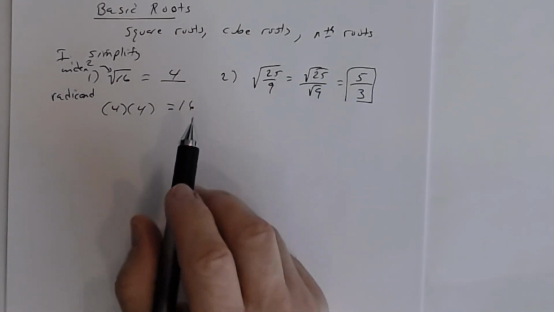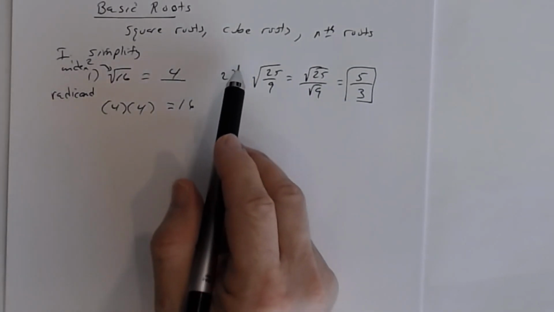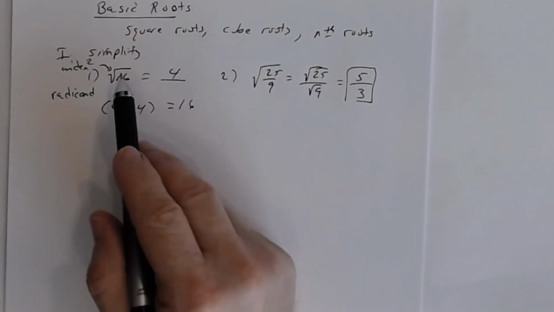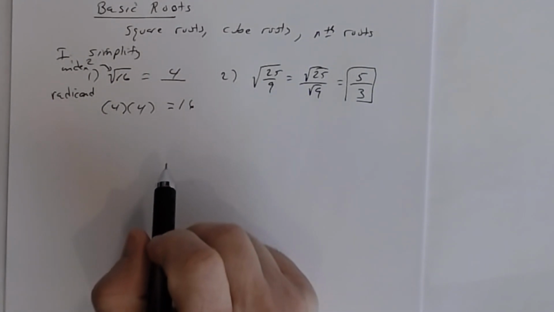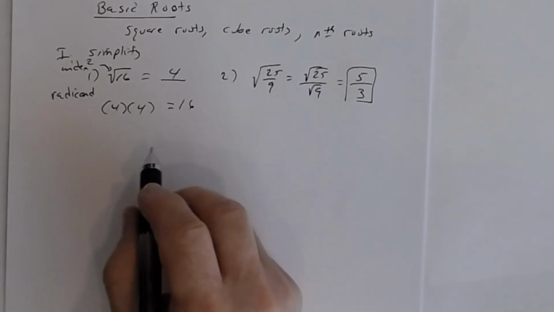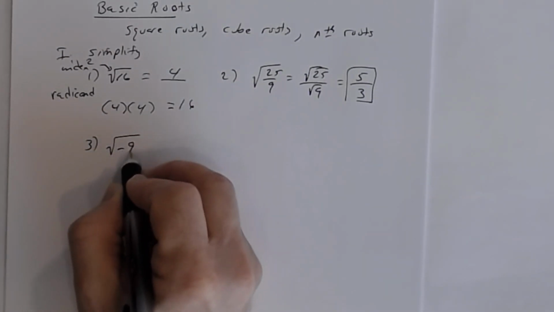Now keep in mind that we're dealing with square roots here. In the first 2 problems, those were square roots: square root of 16, square root of 25 divided by 9. Let's look at number 3. I have the square root of a negative 9.